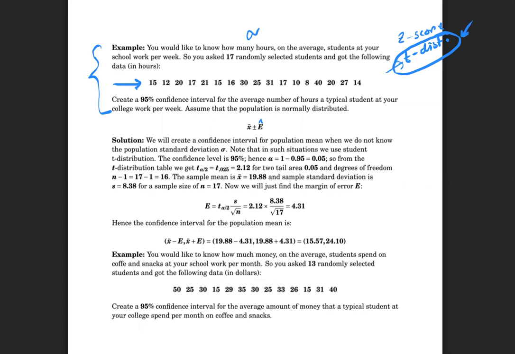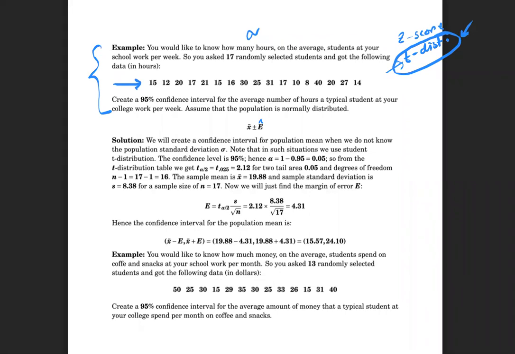In case you do, then you can use the z-scores. But in reality, you'll be using t-distribution pretty much always, okay? You may not have an idea what the population standard deviation is. So here in the problem, nowhere does it say the population standard deviation is something.